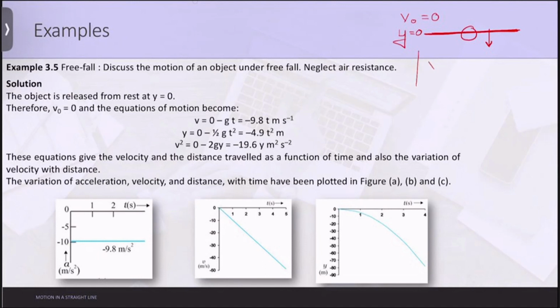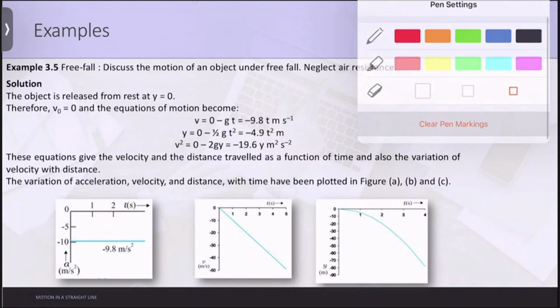What was the first kinematic equation? It was v is equal to v naught plus at. The final velocity at some time will be 0 plus minus g into t, so v is equal to minus 9.8 into t. That is the first relation.